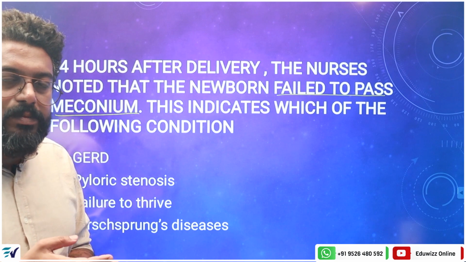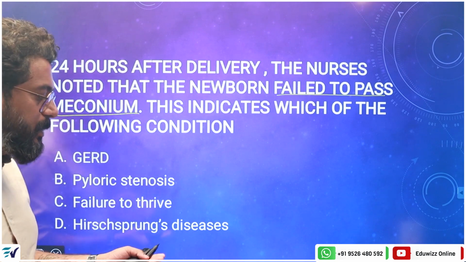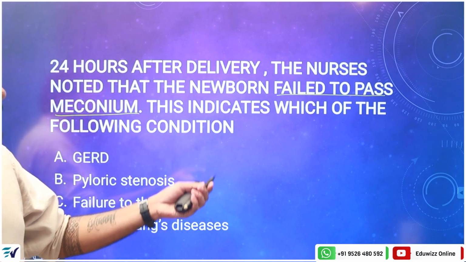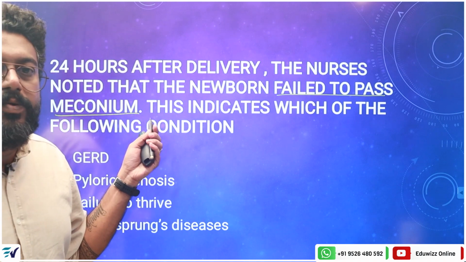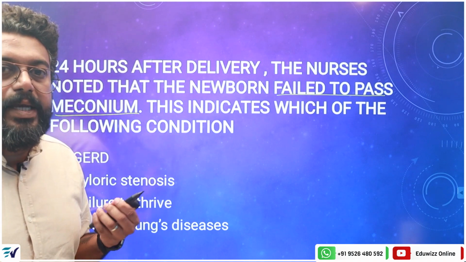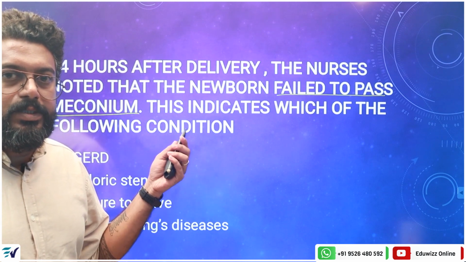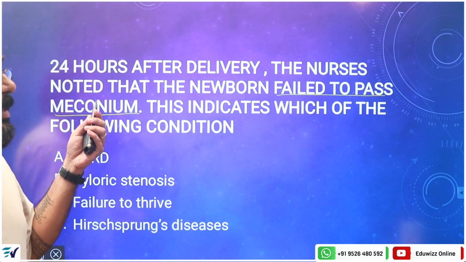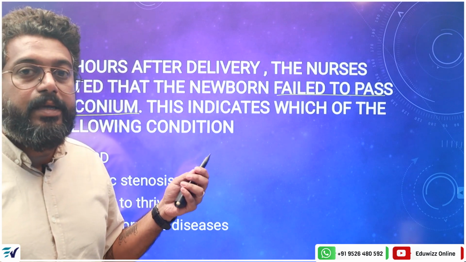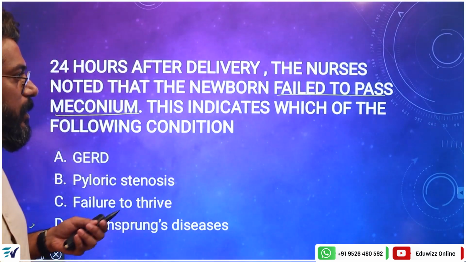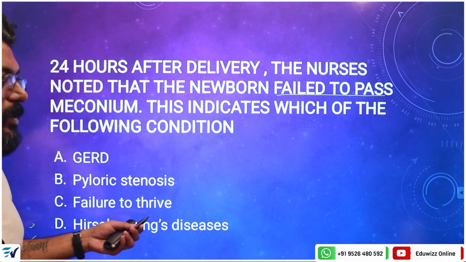The most important clinical feature in Hirschsprung disease, the initial sign, is failure to pass meconium. It is known as meconium ileus. The second important feature, which we discussed in the earlier question, is ribbon-like stools. Okay. So failure to pass meconium is seen in Hirschsprung's disease.